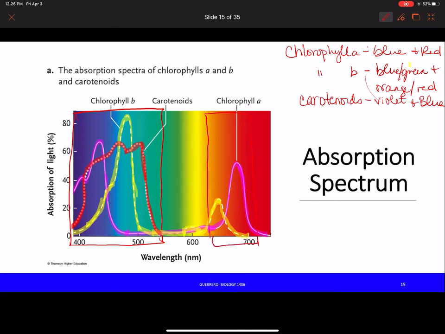Okay, so the only place that your plant isn't really getting any energy is in that 550 to 650 area. But every other part of the spectrum from 400 to 550, and then from 650 to 750, 700-ish, your plant's absorbing lots of energy, and it's because it has lots of different pigments, and all of the pigments are helping to absorb energy.